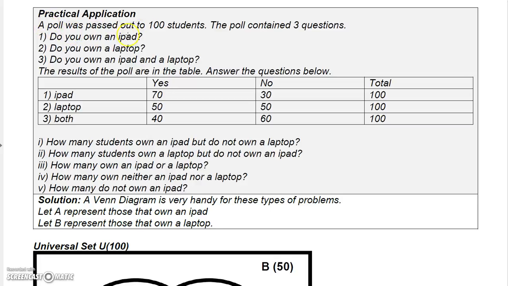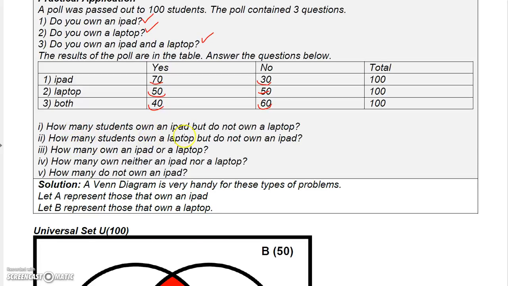Okay, let's look at an application. Suppose a poll was passed out to 100 students with 3 questions: do you own an iPad, do you own a laptop, and do you own an iPad and a laptop? 70 of the students said yes to the first question, so 30 said no. 50 said yes to the second question, so 50 said no. And 40 said yes to the third question, so 40 own both, and 60 said no. Now, how many students own an iPad but not a laptop, or a laptop but not an iPad, or an iPad or laptop, or neither, or do not own an iPad?